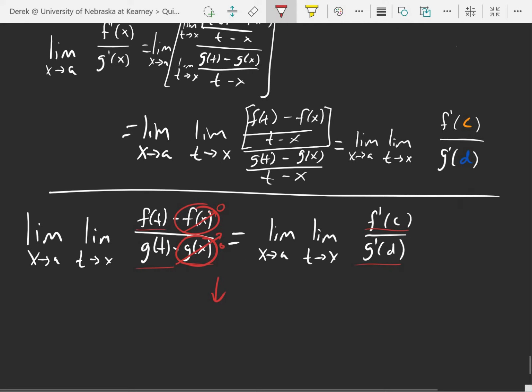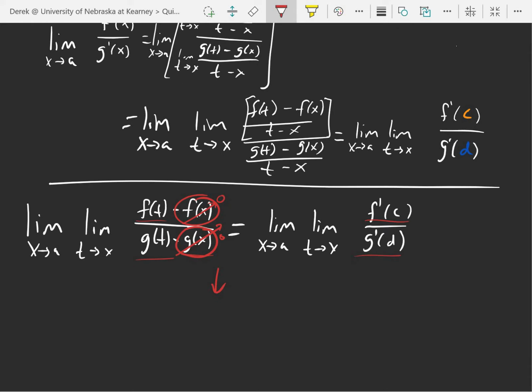So that's what happens. This, in the long run, turns into the limit, because t is getting closer to x and x is getting closer to a, this is the limit as t goes to a of f of t over g of t, since these go to 0.